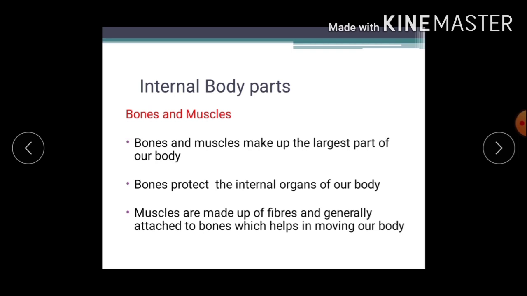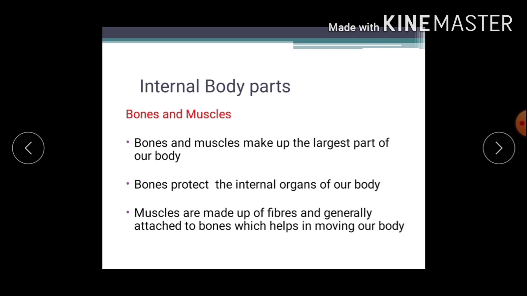It supports, it protects, and it helps in moving the body parts. If someone asks you what is the function of bones, what will you say? It supports the body, it protects our organs, and it helps the body parts with movement.